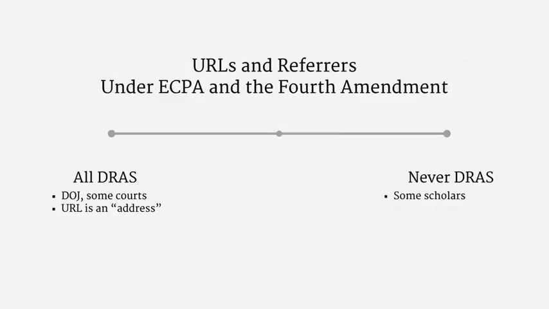One is that calling a URL an address is just a fake-out, a total technical misunderstanding. Addressing, in this context, is about physically directing the flow of data. The Internet Protocol has addresses since they make sure data gets to the right place.